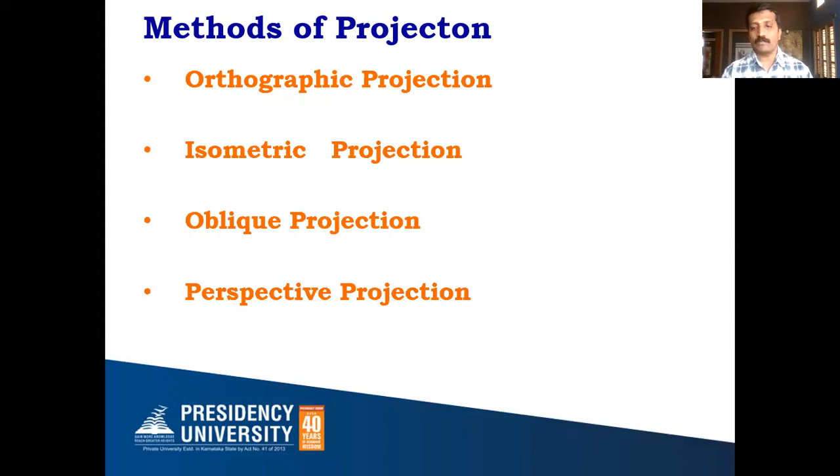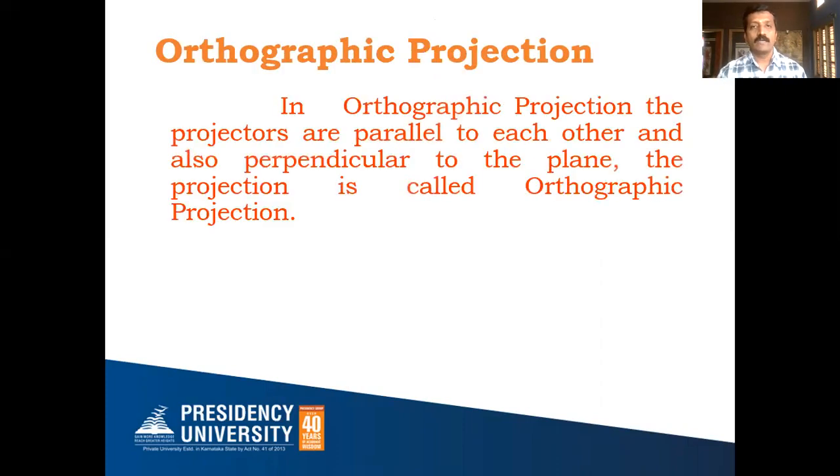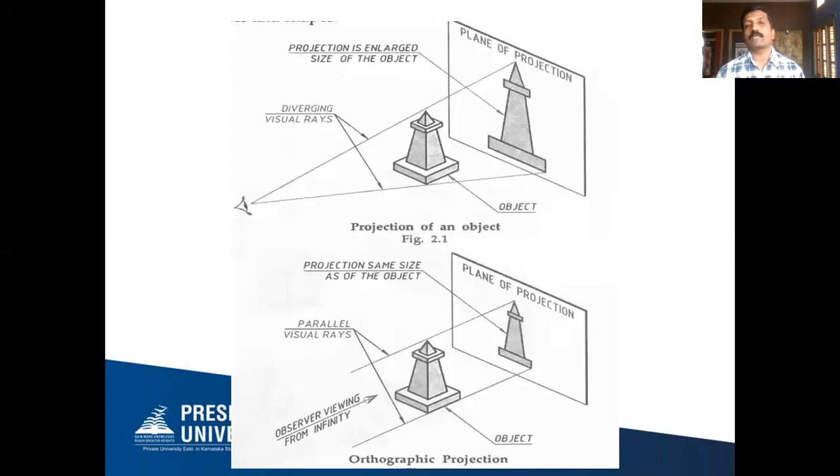Coming to orthographic projection, ortho means 90 degrees or perpendicular. Let me explain this with the help of this sketch. Yesterday I gave one example. Suppose this is the object. If I show it in a class, whoever is sitting in the first row, because it is nearer to them, sees a bigger size.